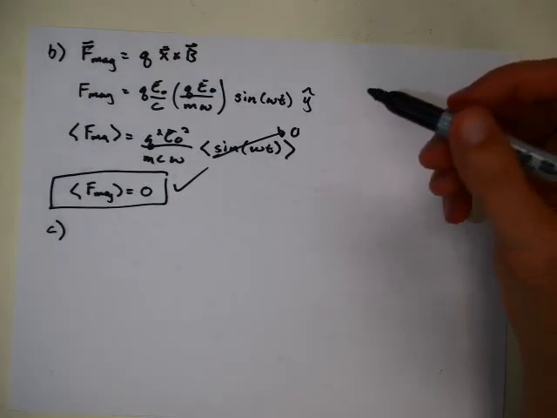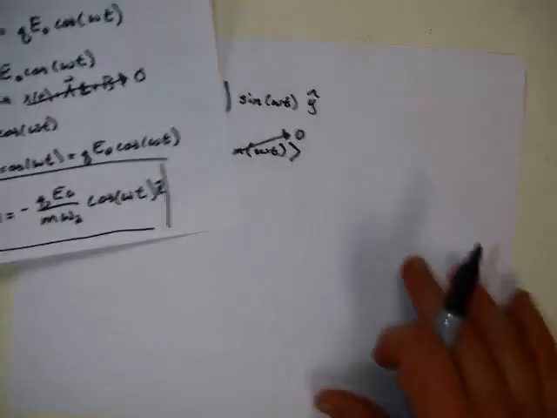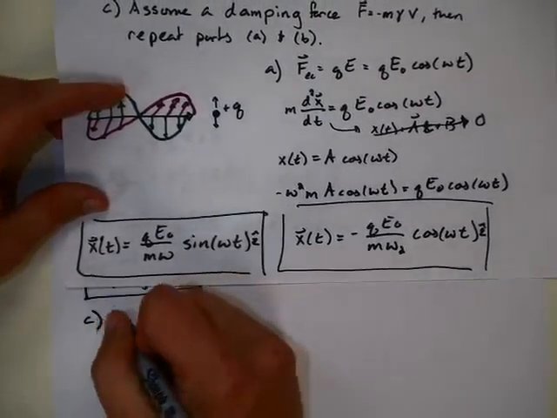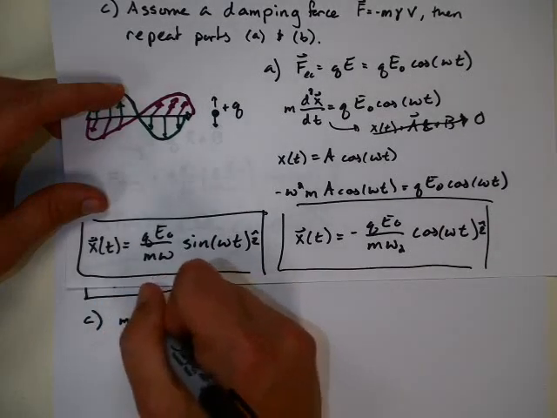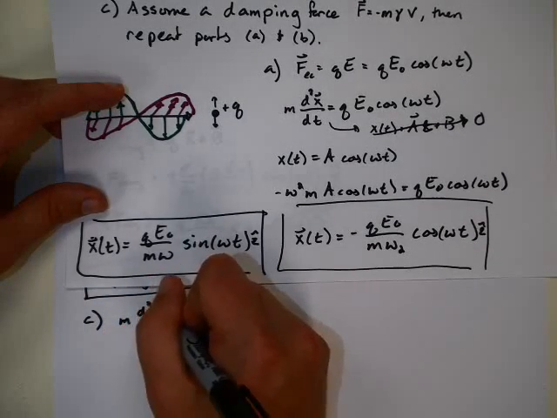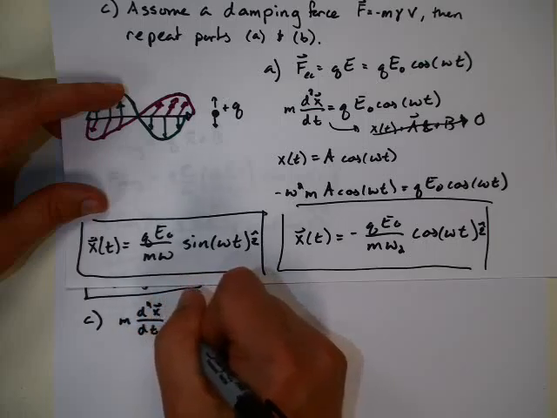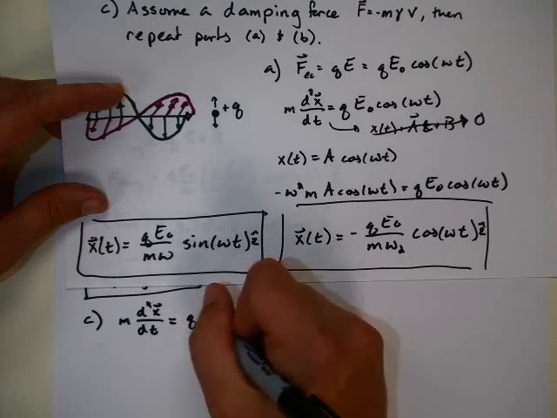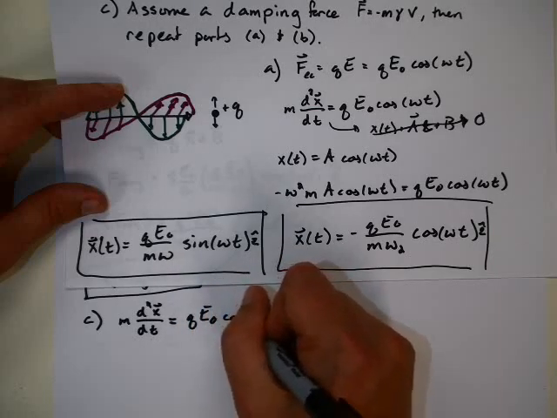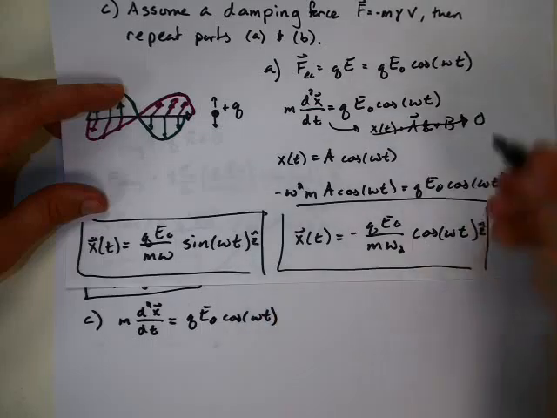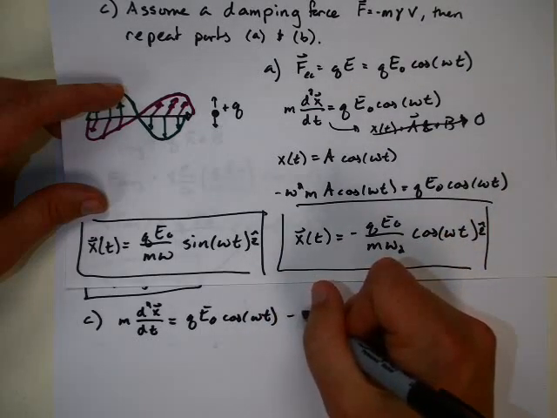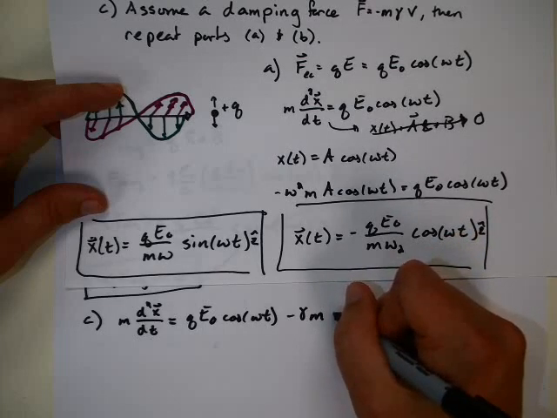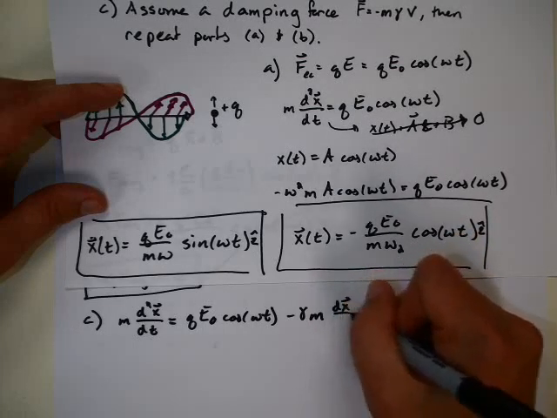So, again, copying some of what we have from above, we are going to get that m d squared x over dt squared is going to be equal to q E naught cosine of omega t, that's from there, but minus gamma m times dx over dt.